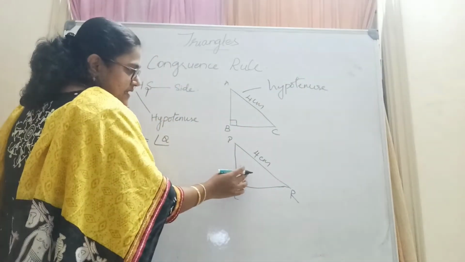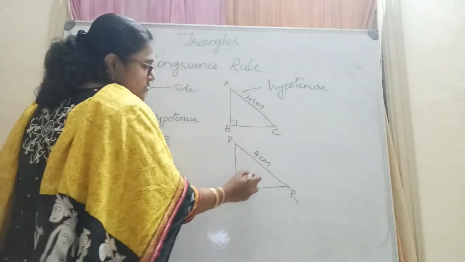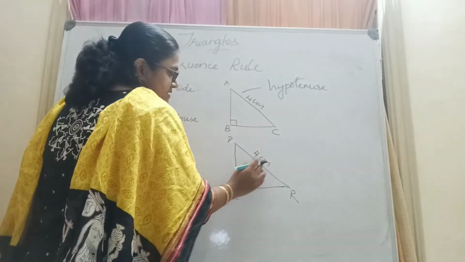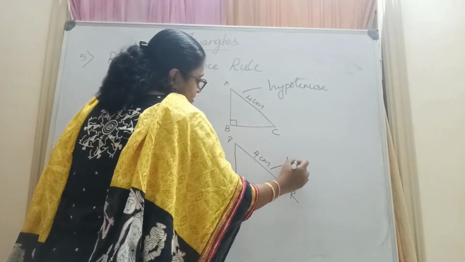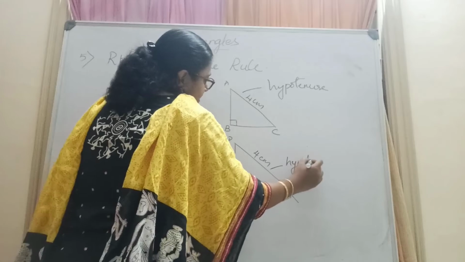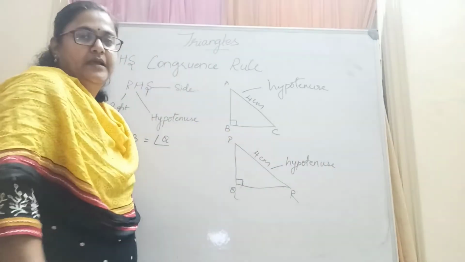In this triangle, angle Q is 90 degrees. So the side opposite to the 90 degrees, PR, is the hypotenuse. Remember this, hypotenuse is always the longest side of a right triangle.